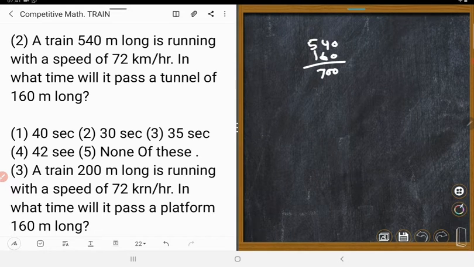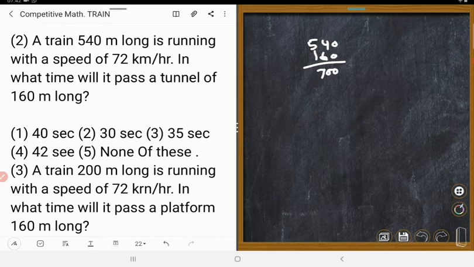This is the length of both the train and the tunnel. The question is what time will it take? So we will calculate it.